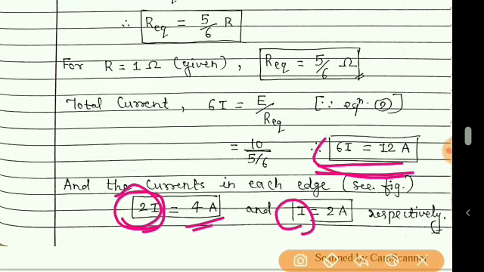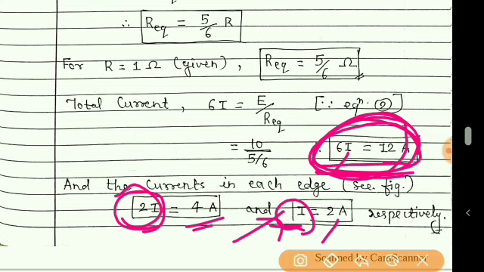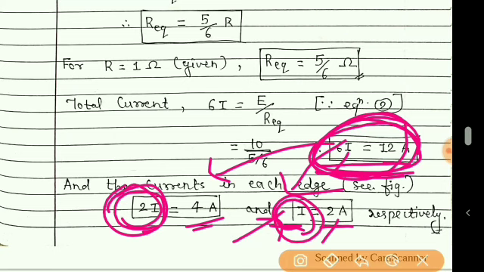You can obtain from this only. Now that is not difficult. And what will be I? You can see, divide this equation by 6. You will get I here, and here it will be 2. So now that is not difficult for you to get these currents 2I and I along each branch.